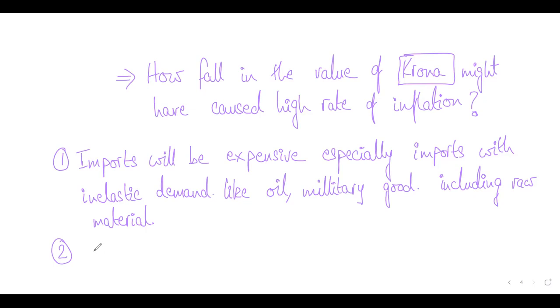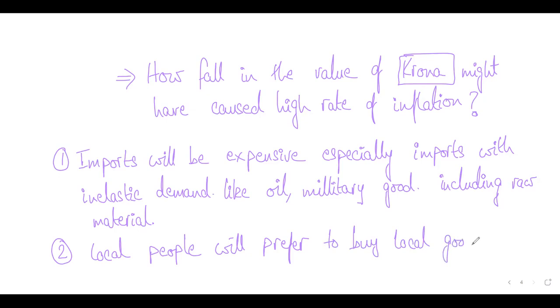So when the exchange rate is weak, what will your locals do? Local people will buy more local goods rather than importing. Local people will prefer to buy local goods because obviously if your exchange rate is weak, this means that imported goods are expensive for you. So you'll buy locally. And when you buy locally, what happens? Demand pull inflation. Are you getting me or not? So just try to relate this with what is happening in Pakistan right now. Local people will prefer to buy local goods since imported goods have become more expensive due to weaker exchange rate.